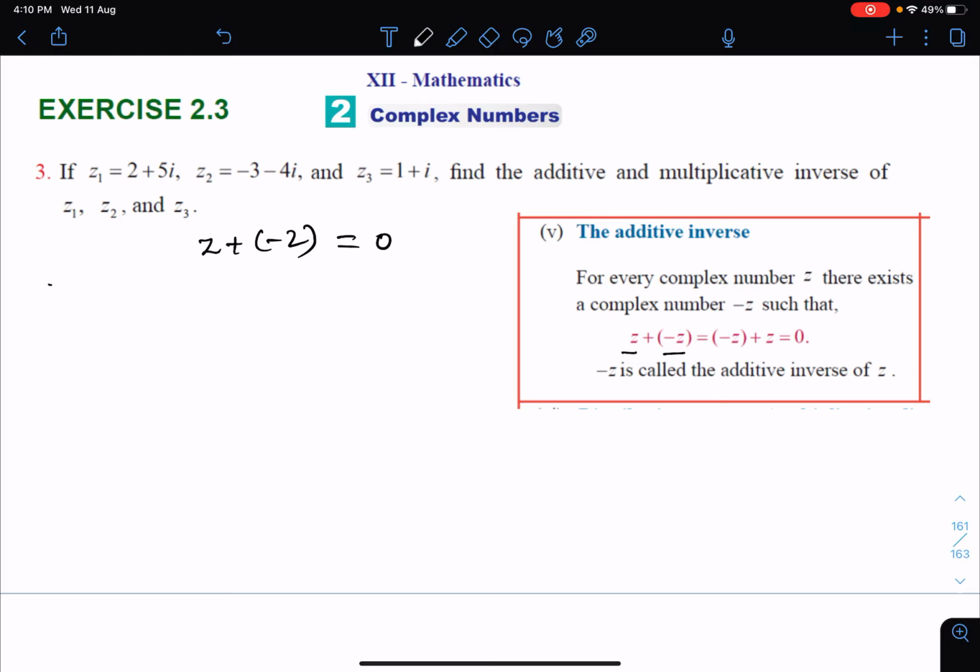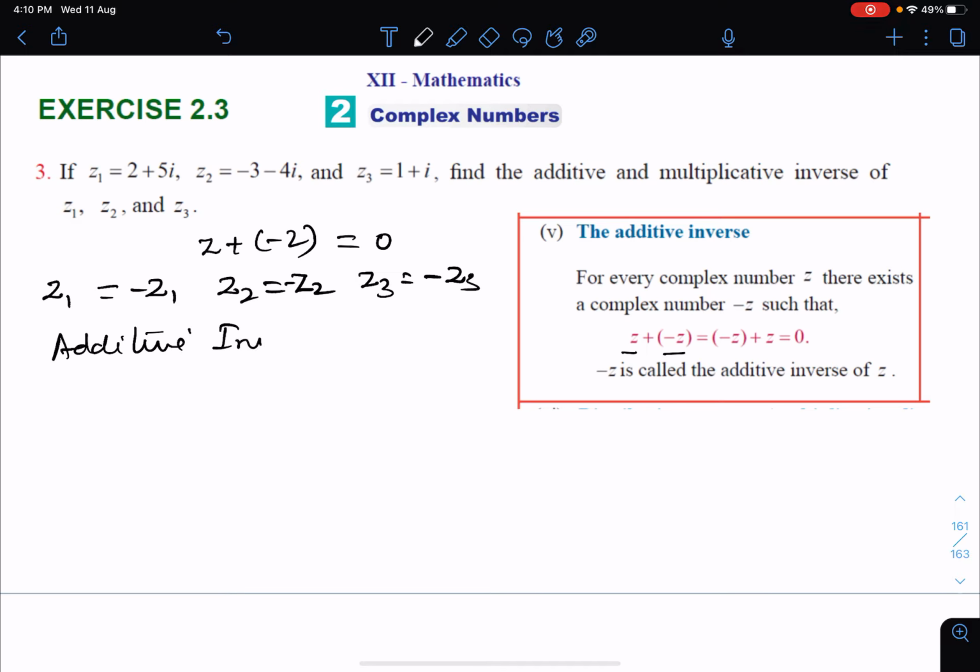So for each one we are going to take the additive inverse. The additive inverse of Z1 is going to be minus Z1. Similarly for Z2 it is going to be minus Z2, and for Z3 it is going to be minus Z3. Okay, so you can write like this: additive inverse of Z1 equal to minus Z1.